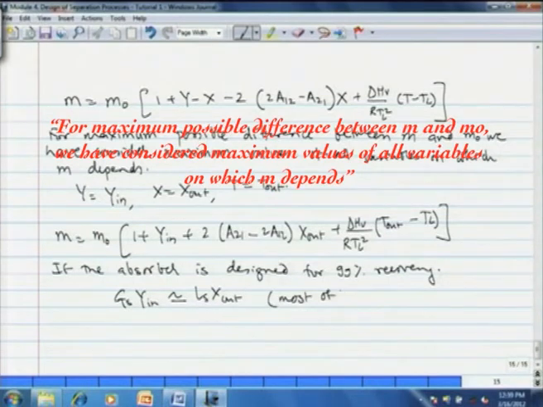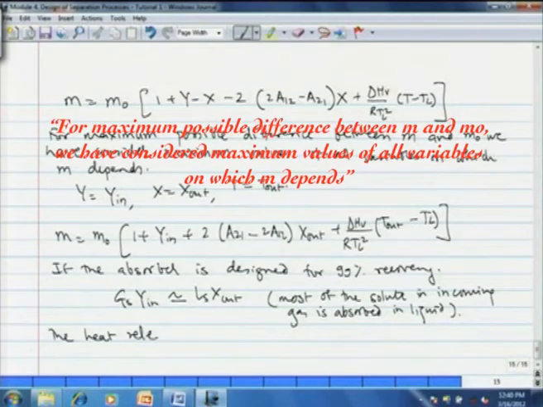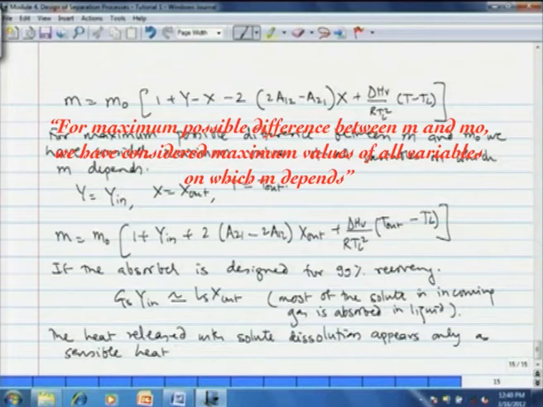Most of the solute in incoming gas is absorbed in liquid, and then the heat that is released during this absorption, heat released with solute dissolution, appears only as a sensible heat change in the liquid.